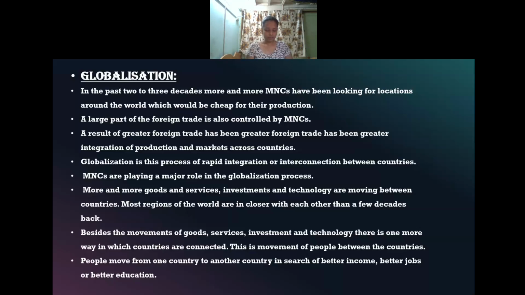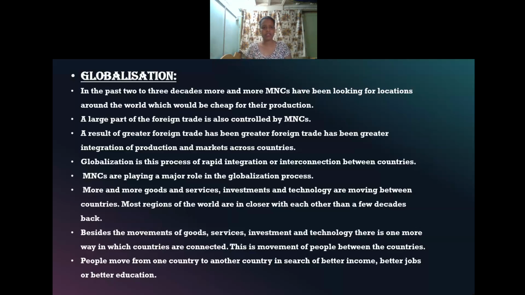And you learned the conditions and factors based on which MNCs are set up in our country: a closed market, skilled and unskilled labor at very low cost, availability of other factors of production. They invest money in these assets, and that investment we call foreign investment. These are all concepts you learned in yesterday's class.